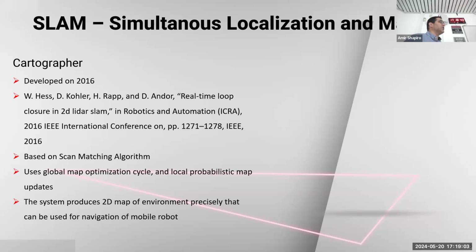The ROS navigation or Nav2 stack is built on the Cartographer idea. So it does two things. One is scan matching, like the Hector SLAM. And the other is that it has a global optimization and a local planning. So there are two layers.